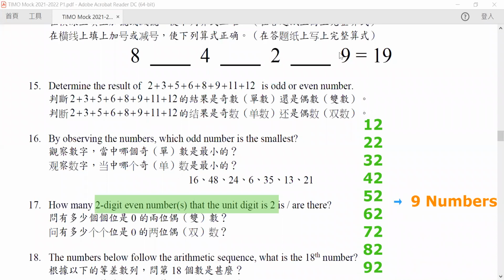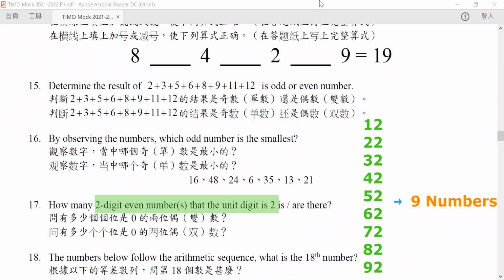Sometimes it is much easier to just list out all the numbers. These are all the numbers: 12, 22, 32, 42, 52, up to 92. The next number, which would be bigger, is 102, but 102 is not a two-digit number, and hence it is not one of them, right?